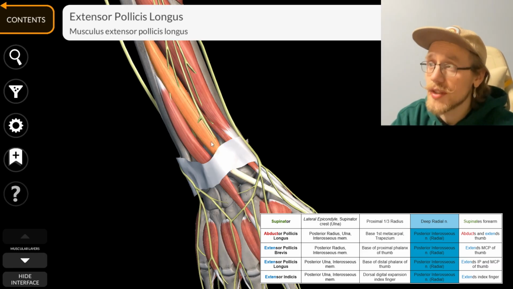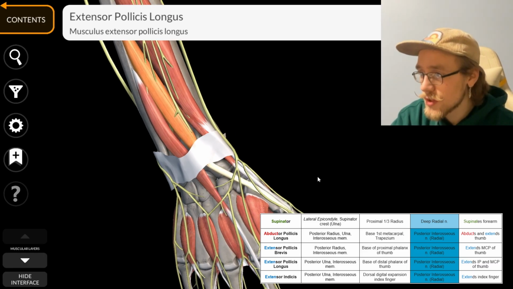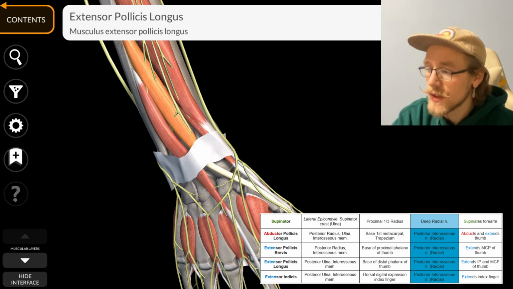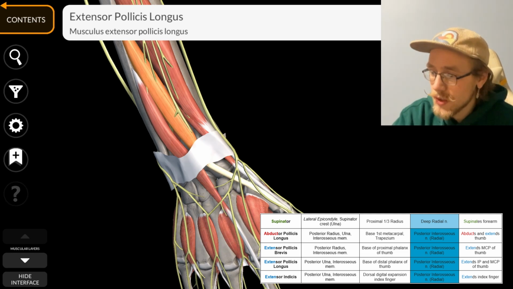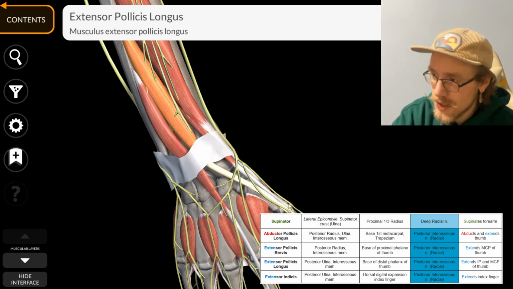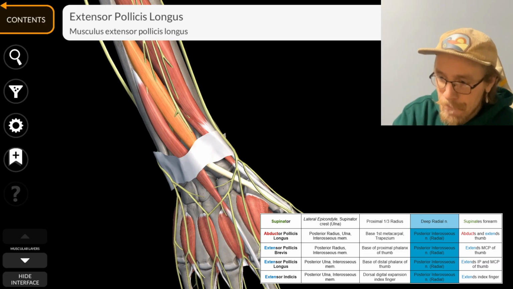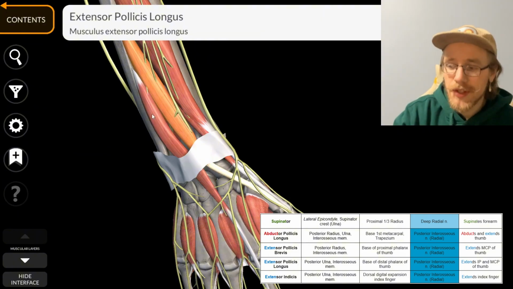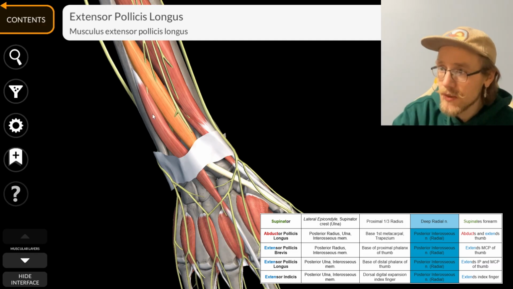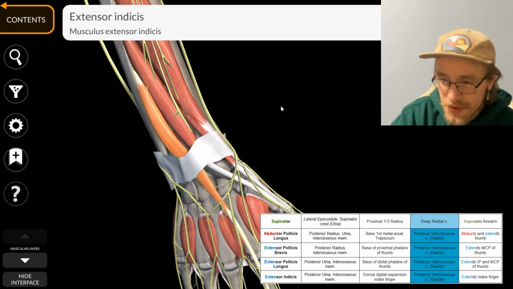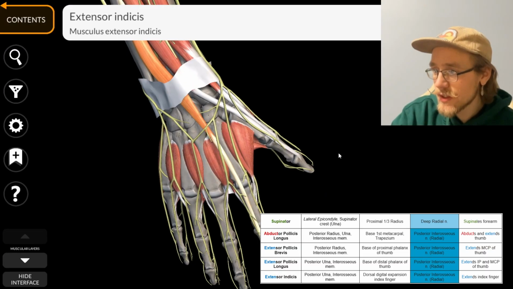Then we have our extensor pollicis longus, which is going to insert farther down, and that's going to extend our interphalangeal joint and our metacarpal phalangeal joint. And it's going to also be innervated by the posterior interosseous nerve. Then the last thing we have here is our extensor indicis, like index finger.